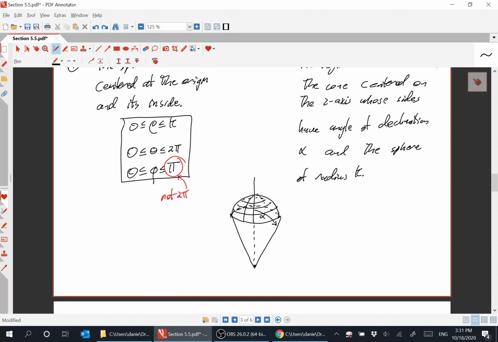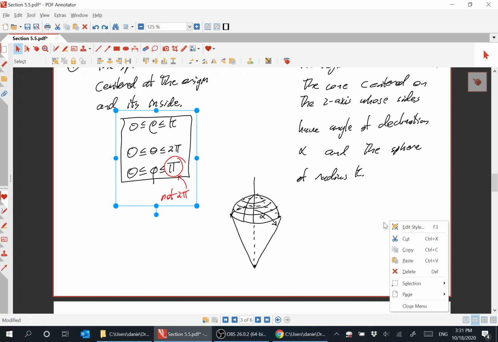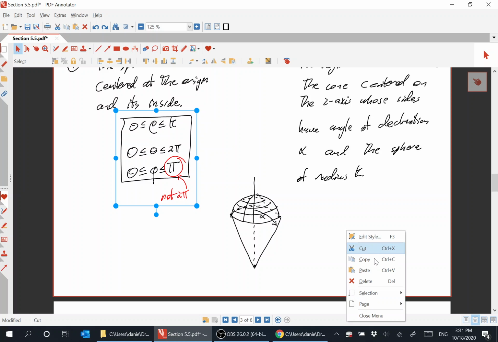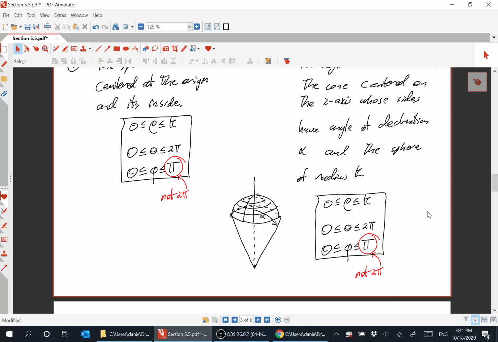Well, that's very similar to this. The only difference between this and that is that the phi only goes from 0 to alpha. Right? You're getting a full rotation. You're getting all the points rho from 0 all the way out to the sphere itself. So every line from the origin that doesn't go beyond the cone hits the sphere.